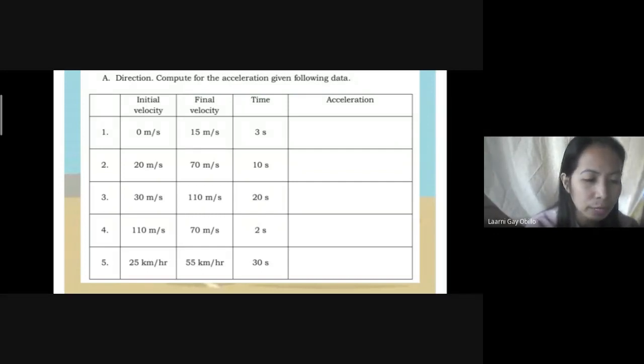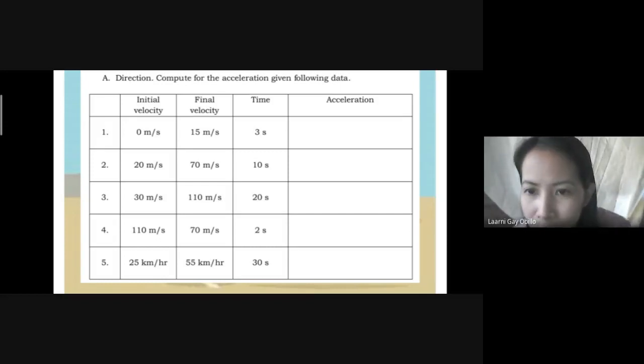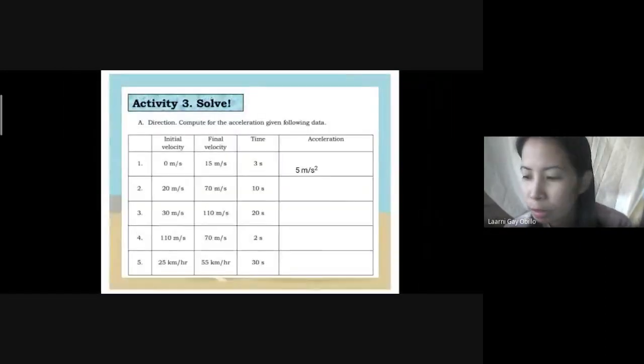Okay, subukan natin i-compute yan sa ating calculator. 15 minus 0 is 15 divided by 3. Answer is 5. Sino sumagot ng 5? Si Miguel. Okay, answer is 5 meter per second squared.